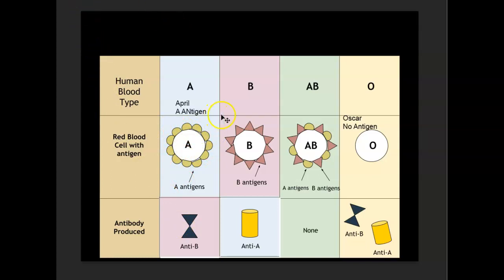Now, Beth here wants to be different from April. They're sisters, after all. So Beth has these sharp triangles here as her antigen. So this is different. If you put the B antigen in someone with blood type A, they make antibodies. So this antibody fits nicely right there.